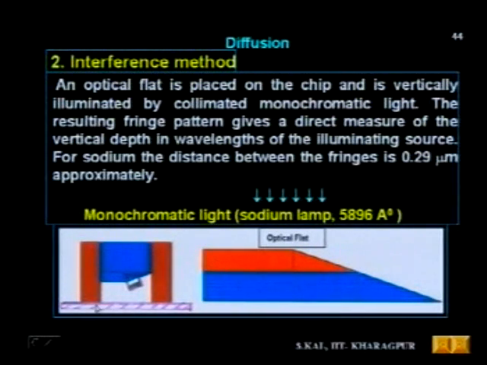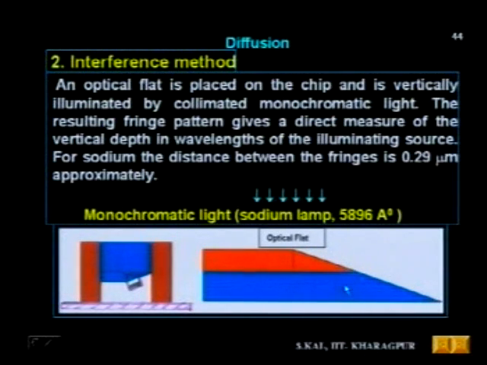Now you rotate it. This is the fixed plate, and on this particular plate you put the abrasive powder and water, then you rotate like this. Then this particular portion will be abraded, and you will get this sort of thing. The lapping is done, and you will get the shape of the slice like this.